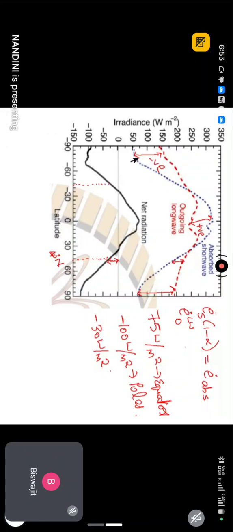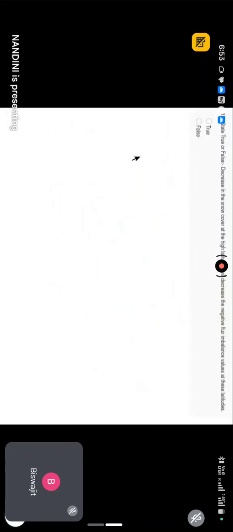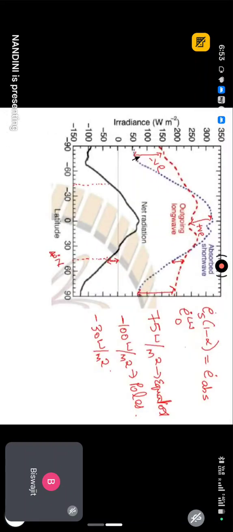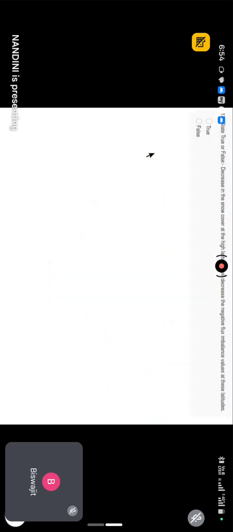So suppose the snow cover is decreasing. If we decrease the snow cover over the polar regions, what will happen to the absorbed shortwave radiation? Yeah, it will absorb more shortwave radiation, and the temperature will be more.